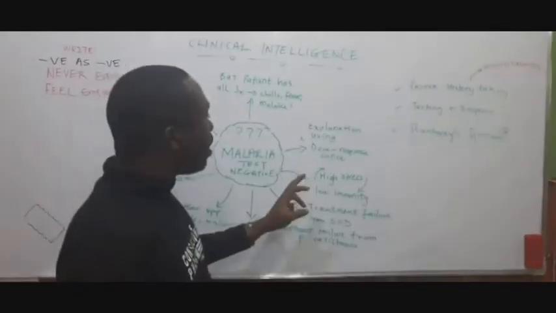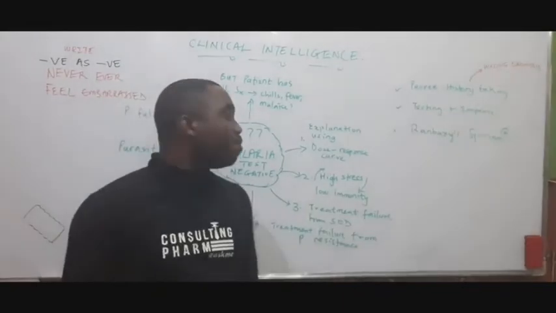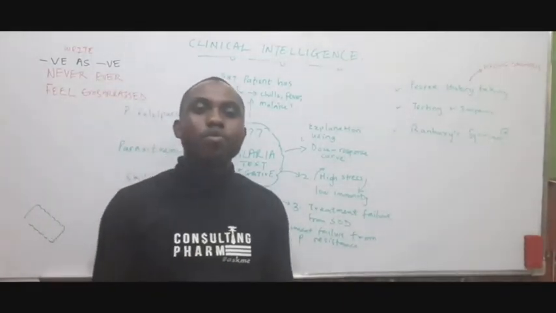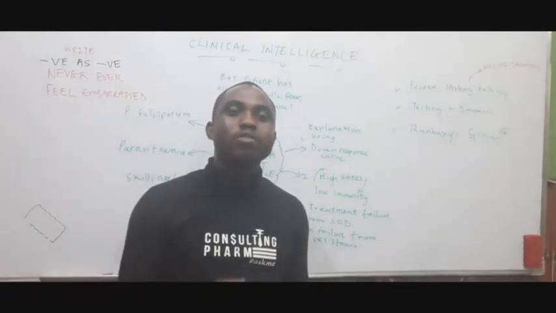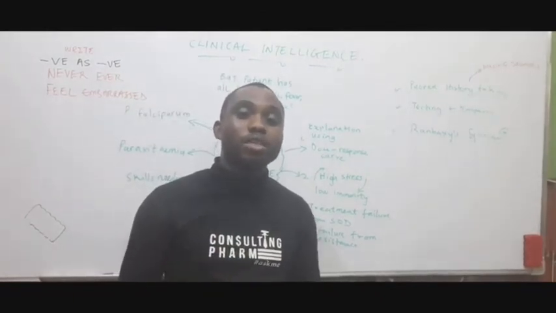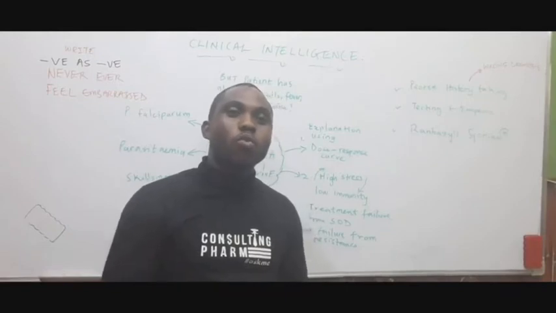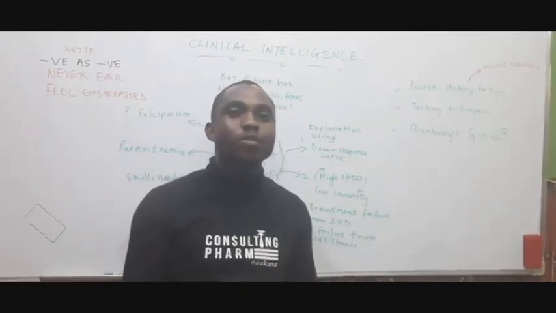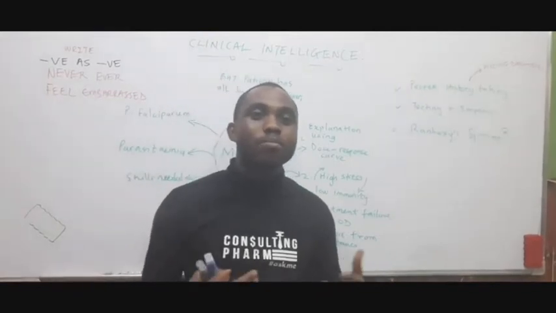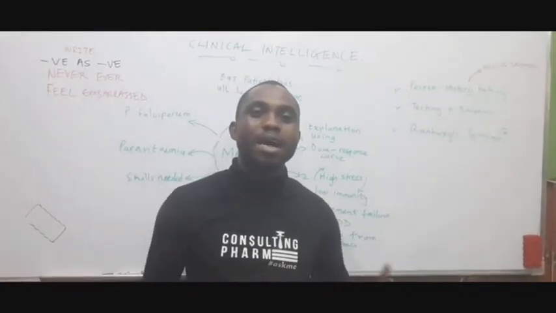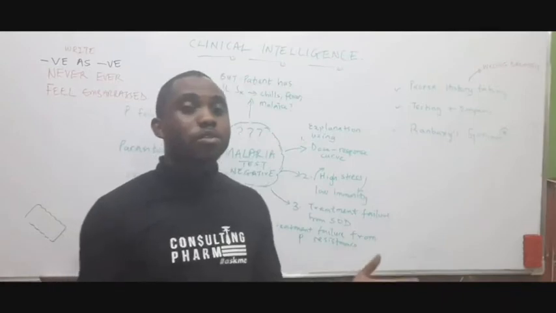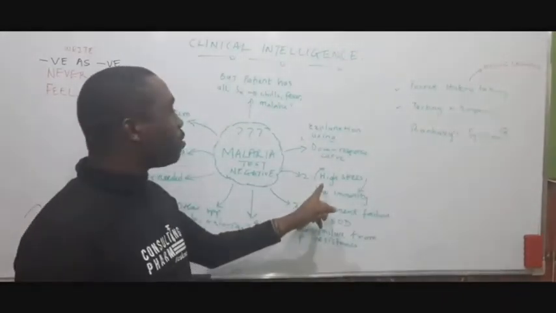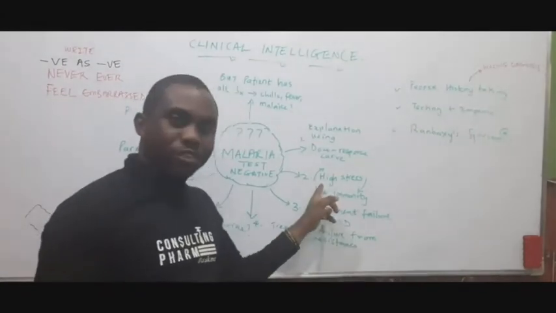The second is high stress level and low immunity. There are times people succumb to malaria even though the parasitemia is below the detectable limit. When the stress level of a person is high, for example, a change of environment, preparing for examinations, anxieties, and some other factors, or getting a new job, these are circumstances that will increase stress level for a patient, right?